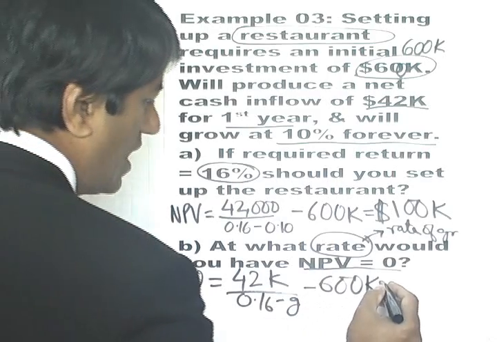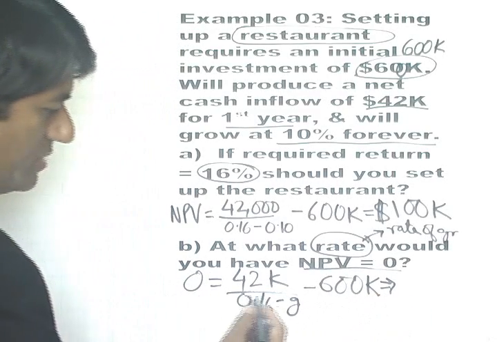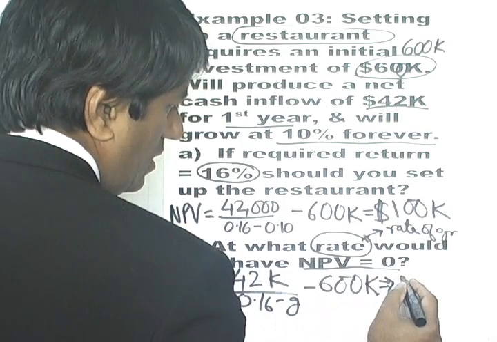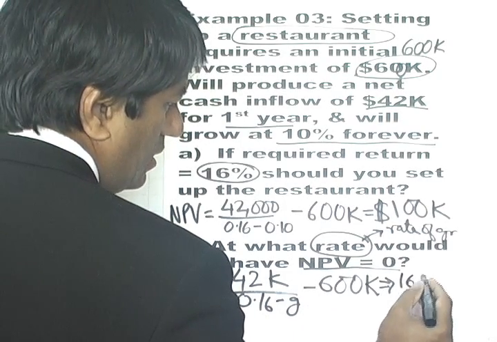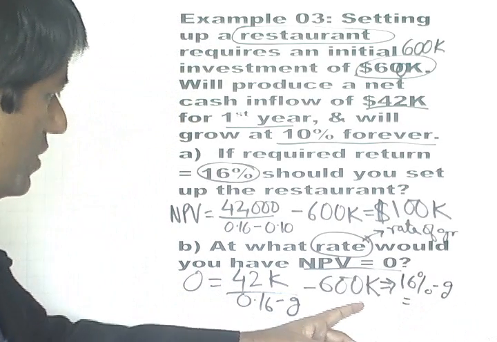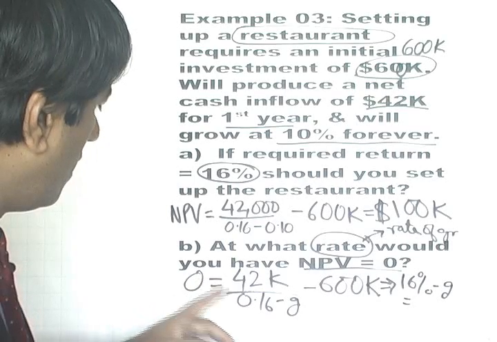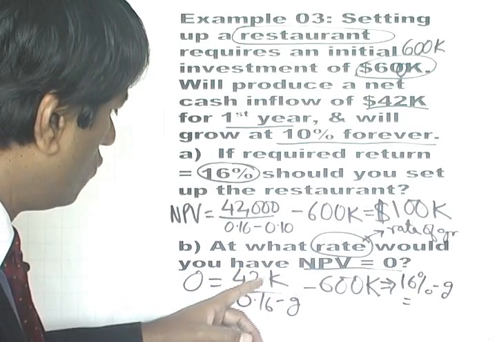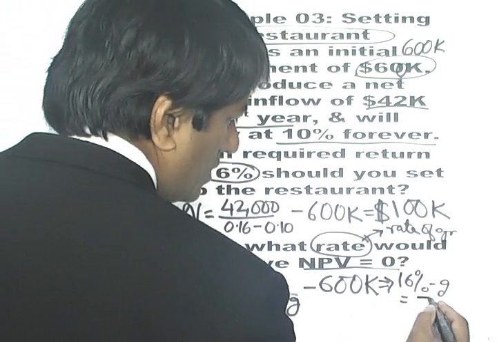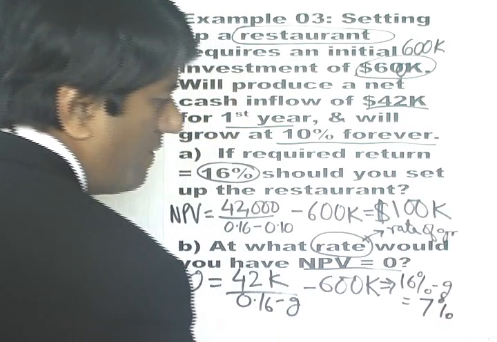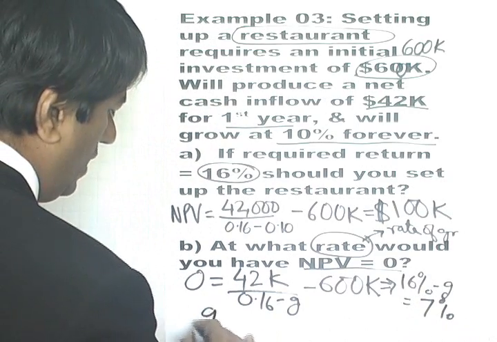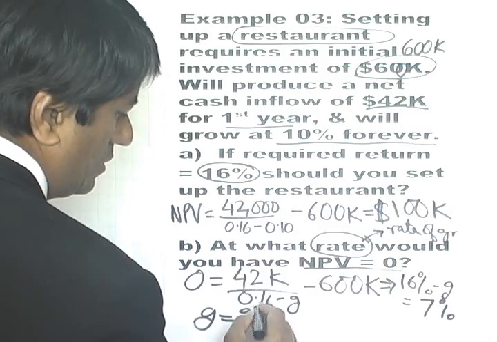So what this gives us is 16% minus G equals 42K by 600K. So that's equal to 7%. So G will equal 16% minus 7%, or G will equal 9%.